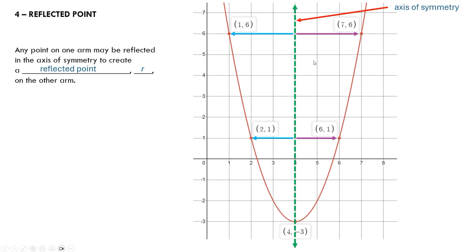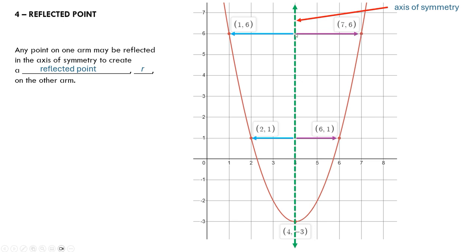Reflected point. So any point can be reflected in the axis of symmetry. If you look at this purple line right here, this point right here is 1, 2, 3 units over, and then we have a point on the right arm of the parabola.